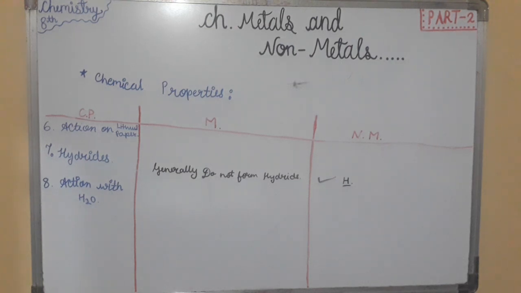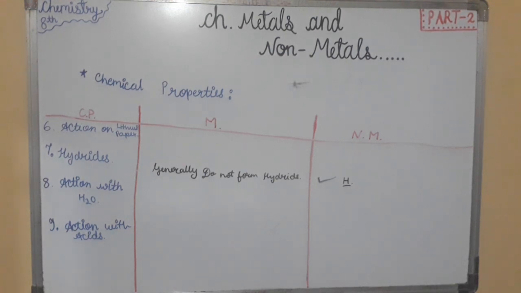Ninth is action with acids. Metals such as sodium, magnesium, zinc and iron react with dilute hydrochloric acid and sulfuric acid to form salt and hydrogen.